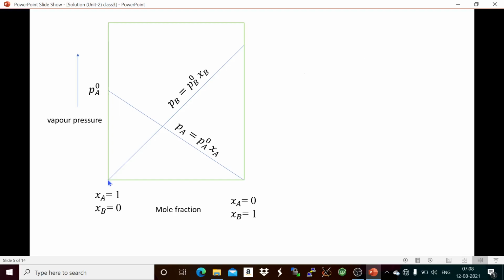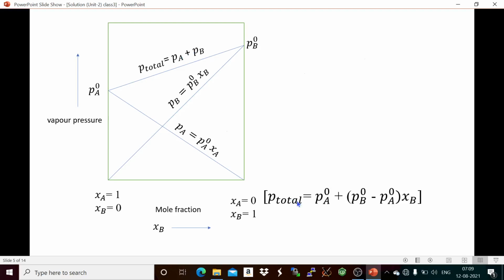No pressure of component B. Now when XB is maximum, XB is equal to 1, then PB is equal to PB naught, that is this point. XB is maximum, PB naught. Okay. Now if we draw P total versus mole fraction of component B, then we will get this straight line. Okay, P total is PA plus PB.